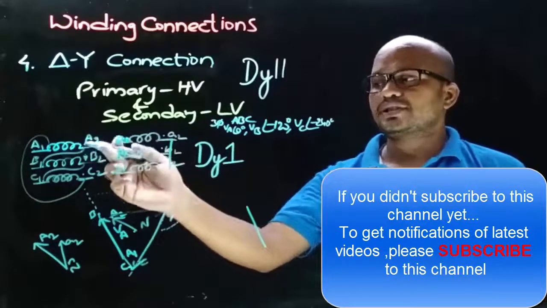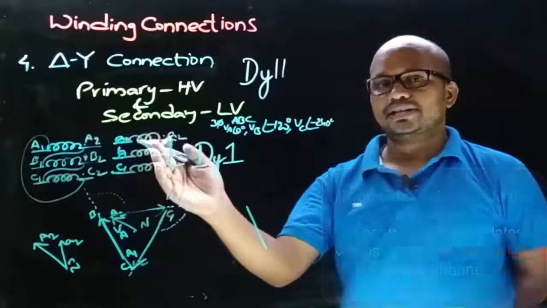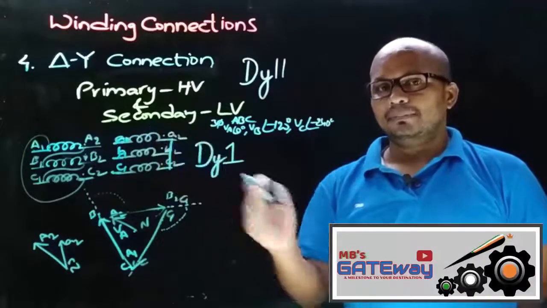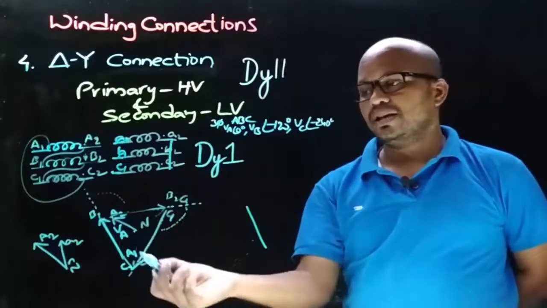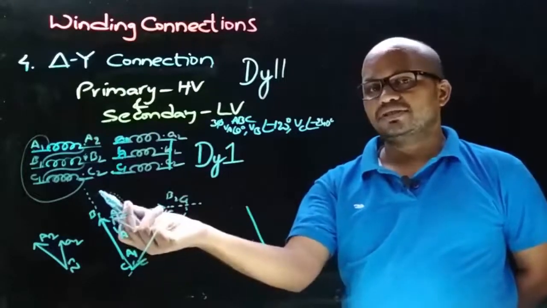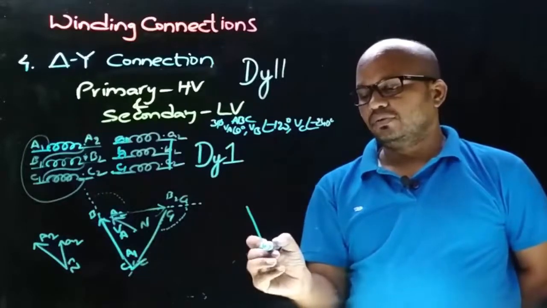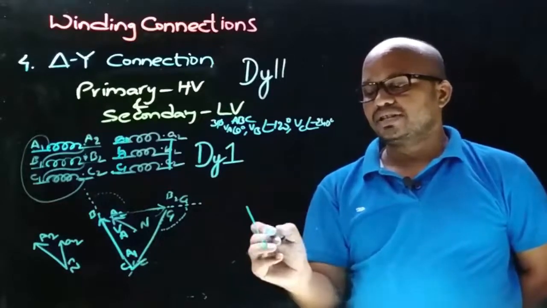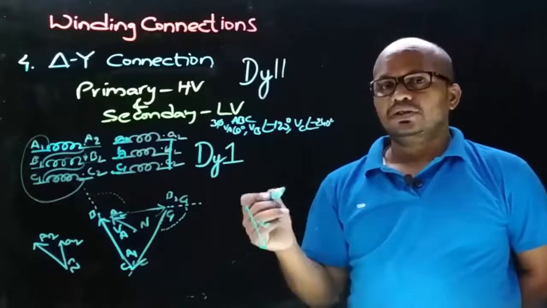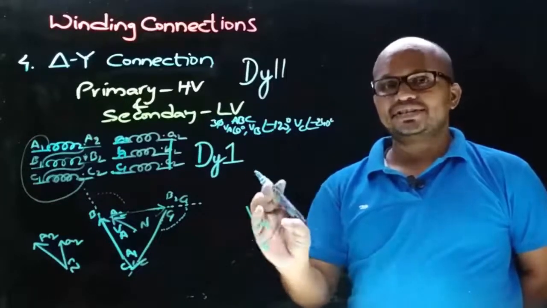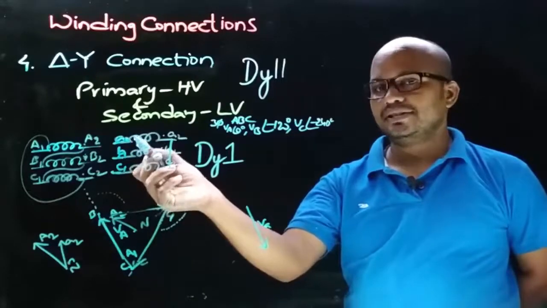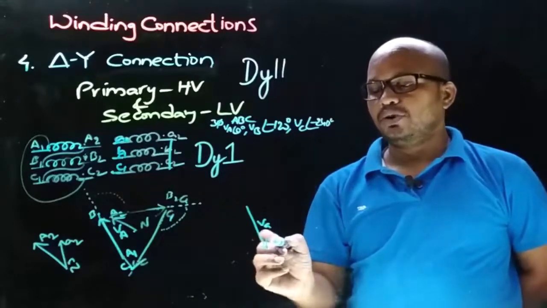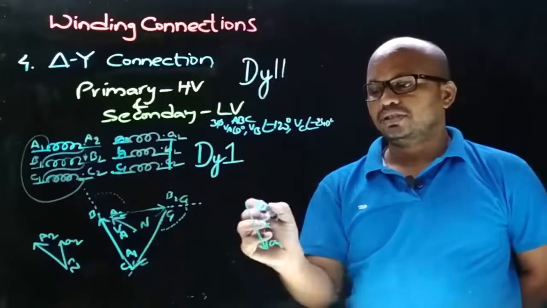On the primary side the connections are taken from dot ends, and on the secondary side from non-dot ends, meaning the secondary side phasor direction will be opposite to the primary side VA phasor. As the primary side VA phasor is upwards, the secondary side VA phasor direction will be like this. Now let's decide the terminals: here we are taking the connection from the non-dot end terminal, that is A1, therefore the arrow will point towards A1, so the other end will be A2.